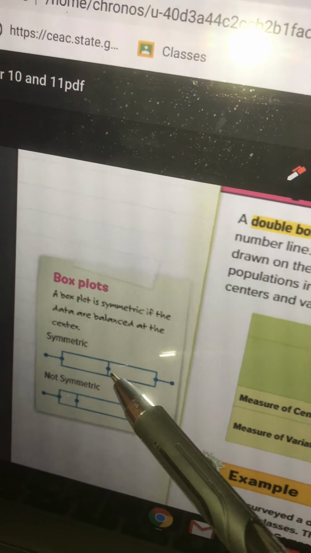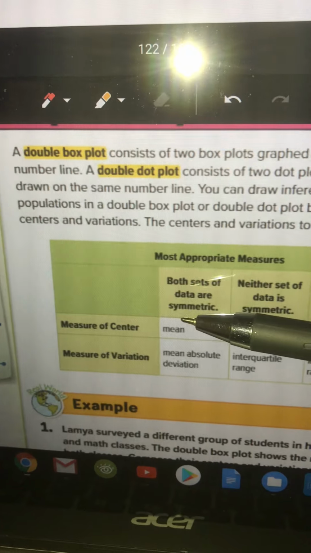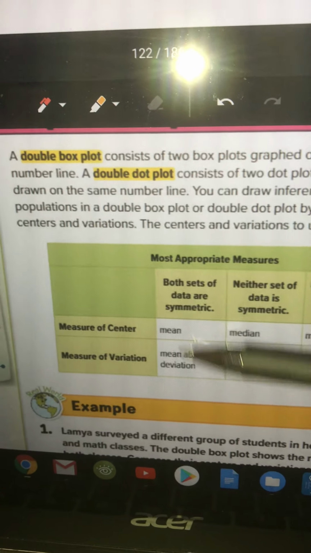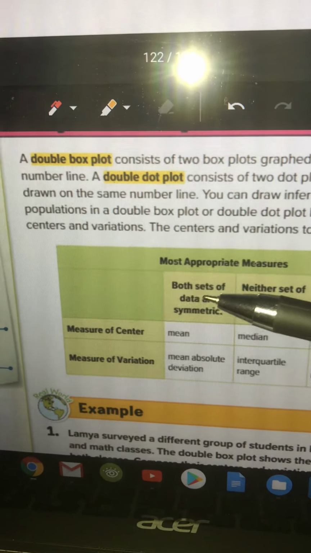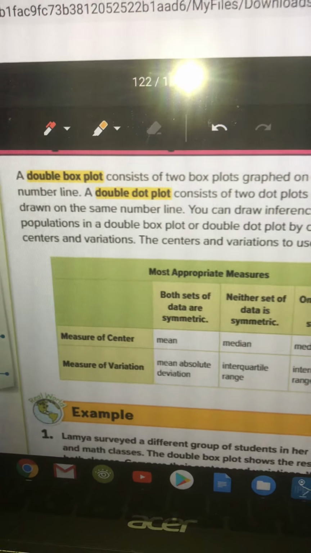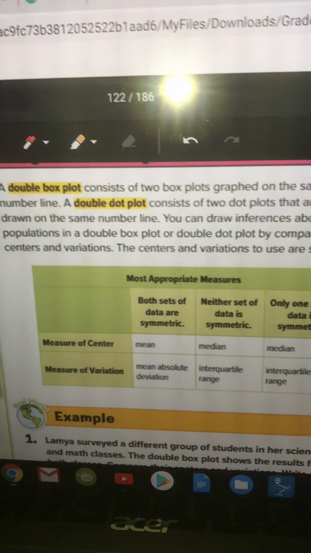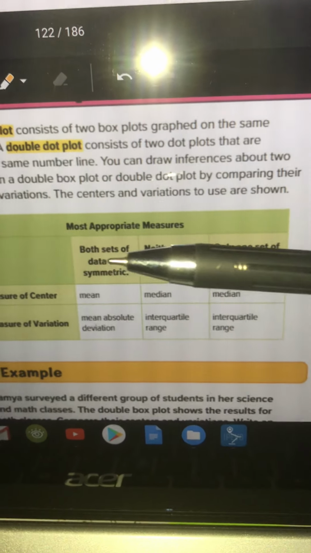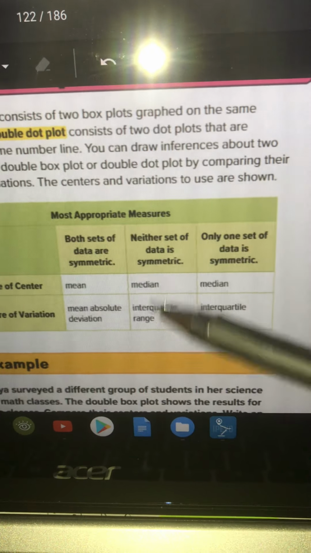If both your box plots look like this, with equal parts, then you need to do the mean and the mean absolute deviation. Remember you're doing 2 because you say double. Double means 2.